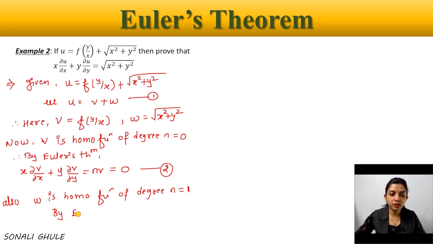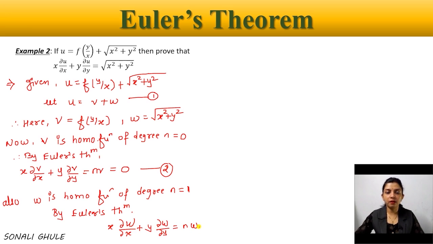By Euler's theorem, what can I write? x into dou w by dou x plus y into dou w by dou y is equal to n into w, because our function is w and it is homogeneous of degree n equal to 1.